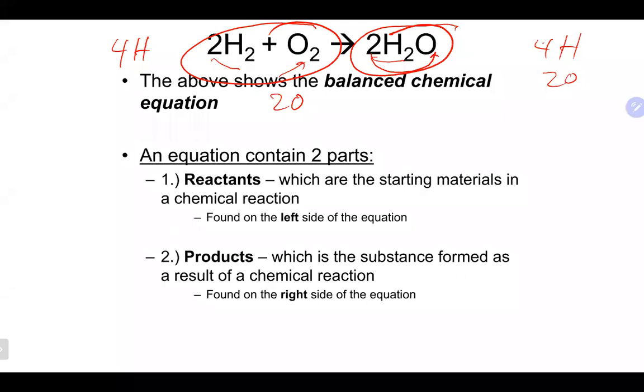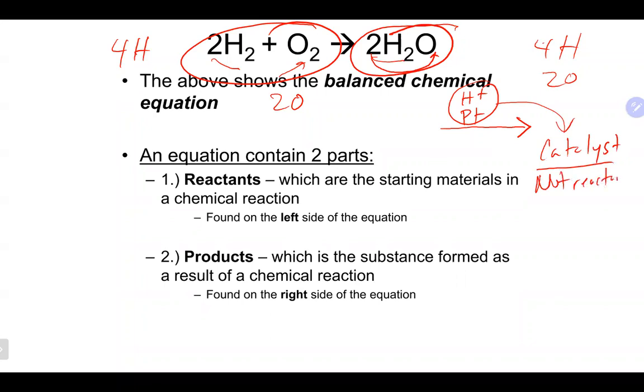Some other things that we will sometimes see on top of the arrow are things written like Pt or H+. Sometimes written up on top are what are referred to as catalysts. Catalysts are not reactants. They're not products.